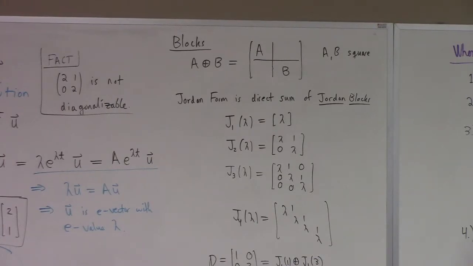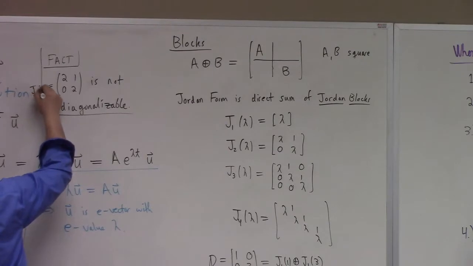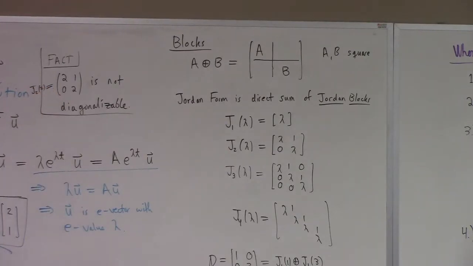What's the Jordan form of a diagonalizable matrix? It's the diagonalized version of the matrix, right? What's the Jordan form of that matrix? Trick question. I mean, this is J2 of 2, right? That is its Jordan form.